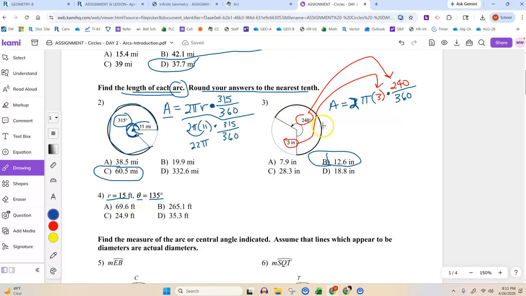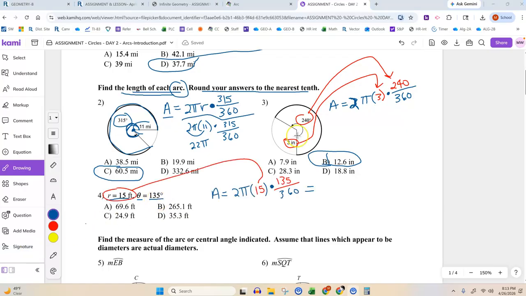They just don't show us a diagram, but they're telling us that the circle has a radius of 15, so we could get the total circumference, but we only want 135 degrees out of 360 degrees. If you want to pause the video and come back, I'll show you how to do that too. I got 35.3 when I used this setup. So that's how you do that. Let me know if you have questions, if you're having trouble finding out how I'm calculating this.